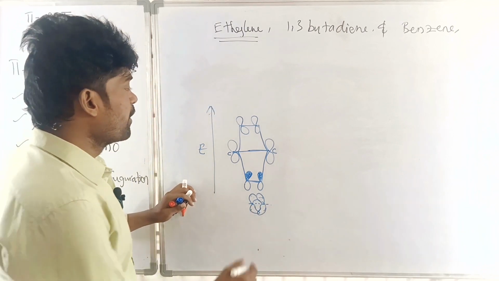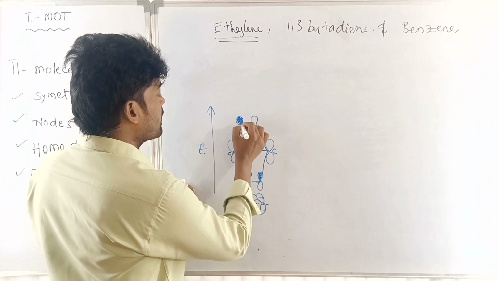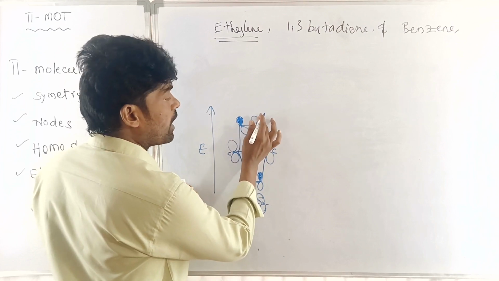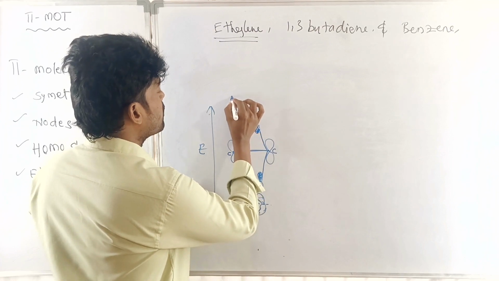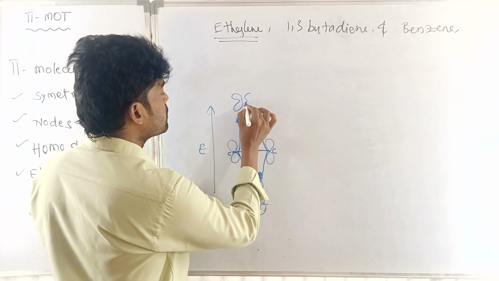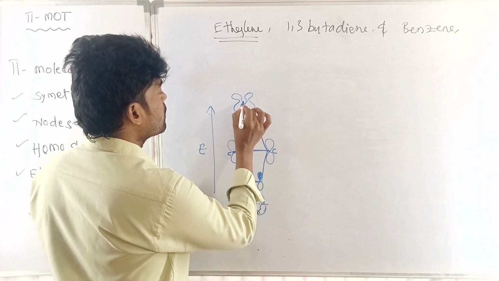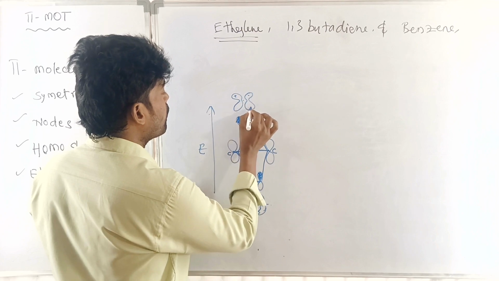Like this. If the shaded side approaches the unshaded side, then there will be repulsion between the two orbitals. So the bond will not form.